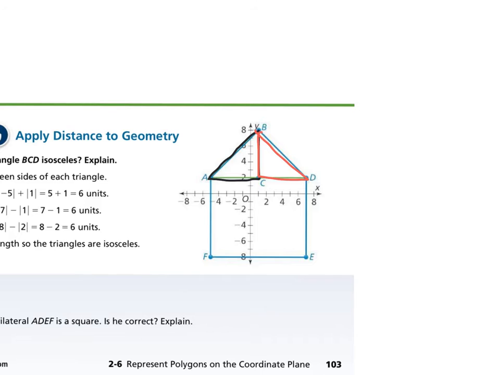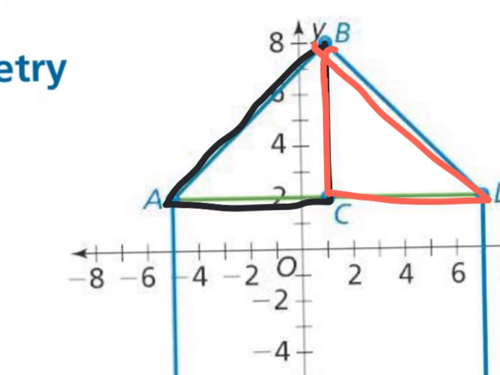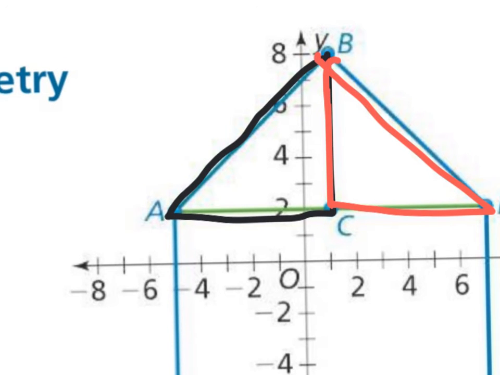So what we can do is measure these straight sides. Looking at this, from A to C, for example, we don't see the number in between here, but that would have to be -5 over 2. There's not a number there, but it would have to be 1.